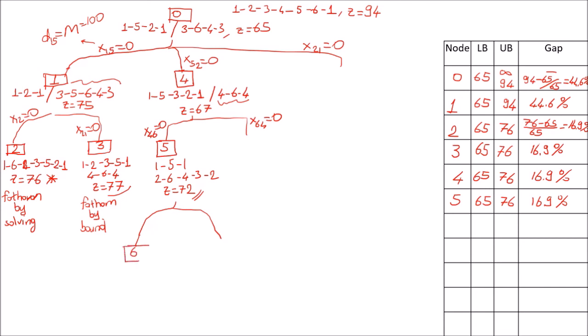So I'm selecting this one as my next node. Now if we solve this problem, we obtain this solution 1, 2, 6, 4, 3, 5, and 1. And the Z value here is 80.